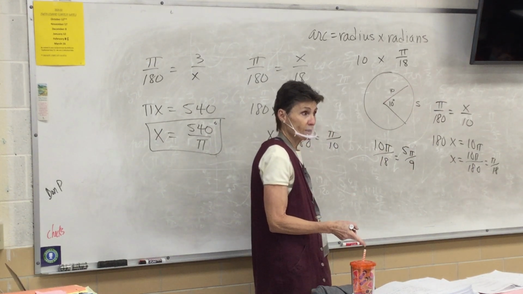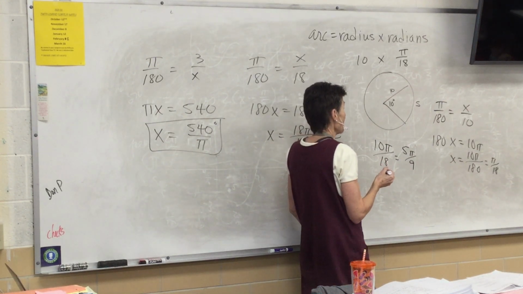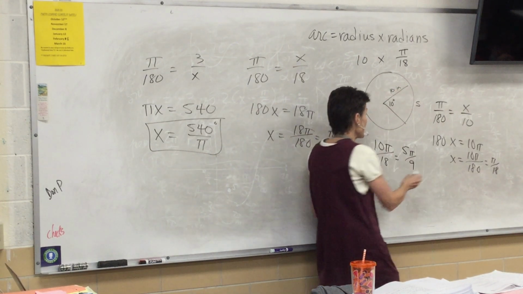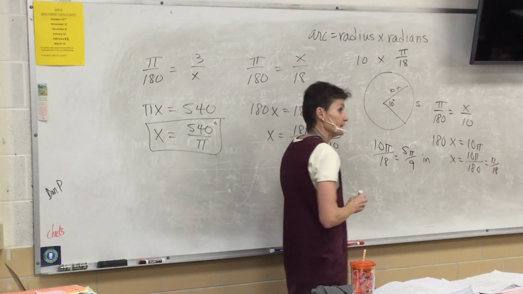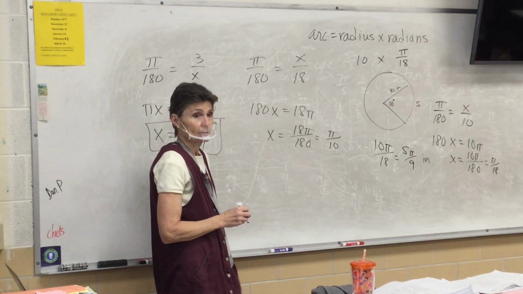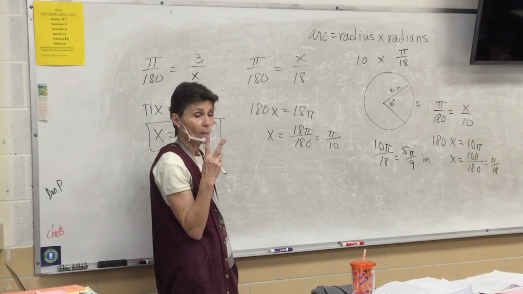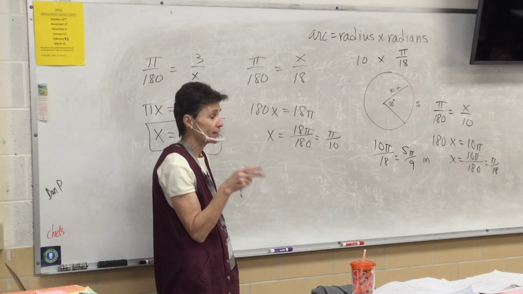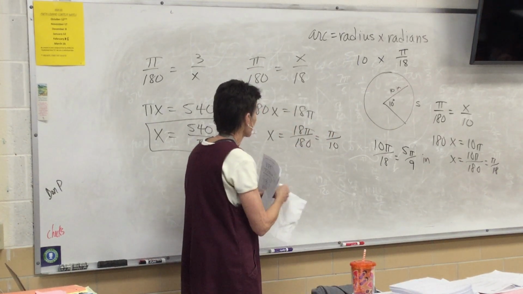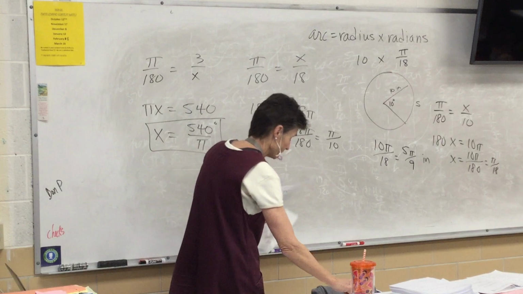And there aren't any units in the problem, so you don't have to worry about it. But if the radius were inches, the arc length would be inches. Okay, it's a two-part problem, radius times radians. If you don't have radians, you need to get radians, which is what you did.